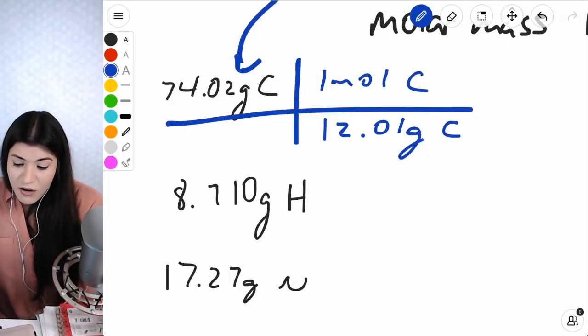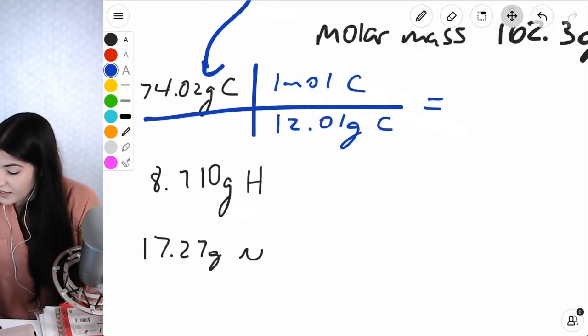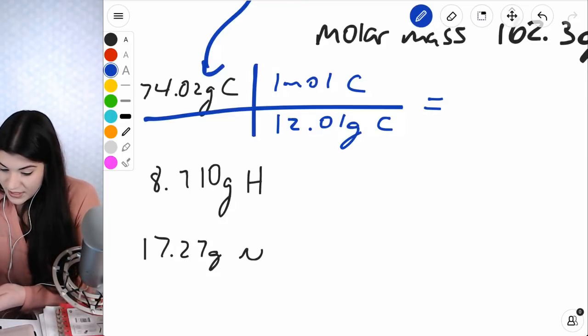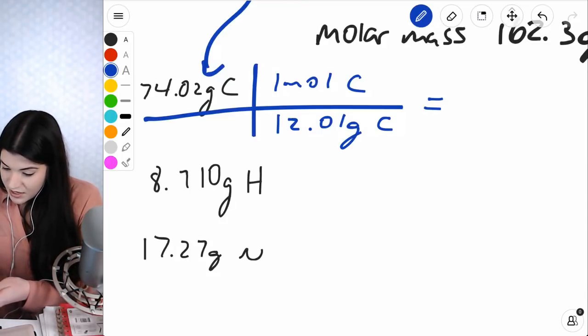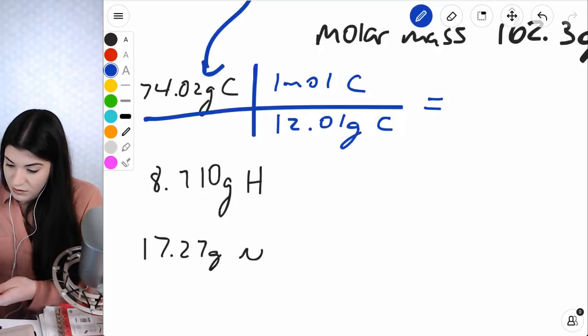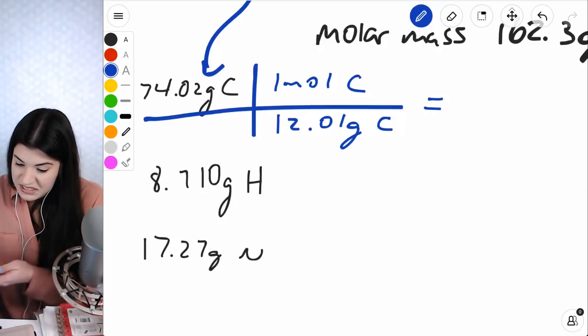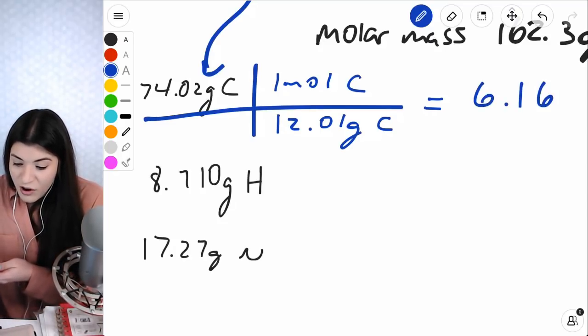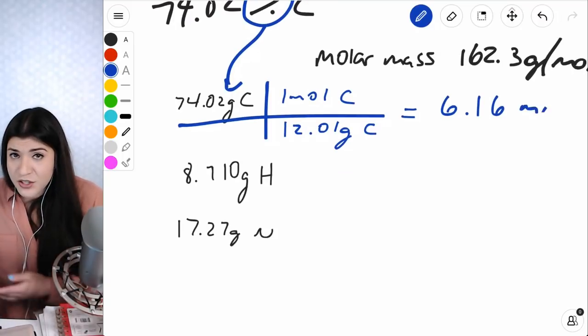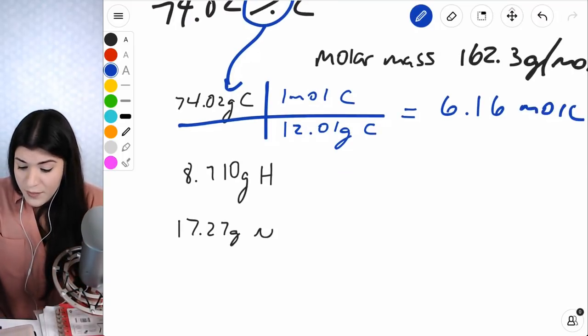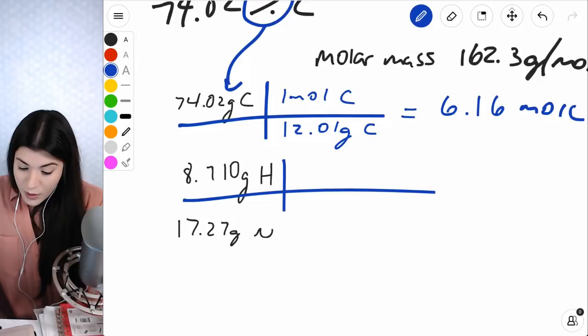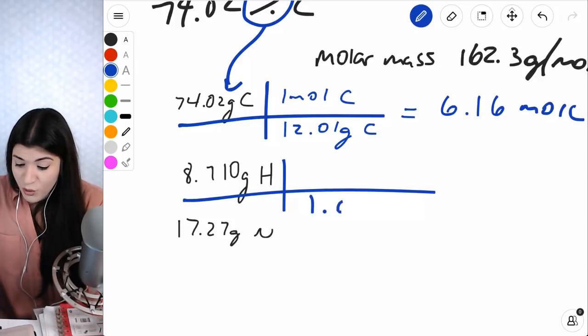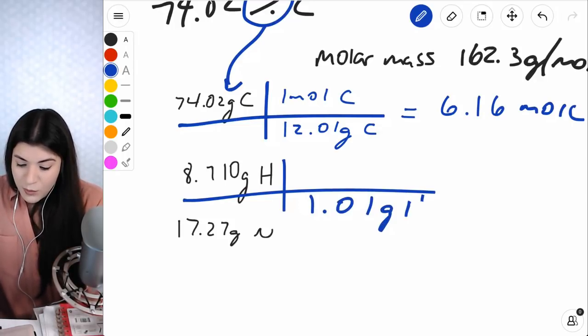From here, I'll just divide: 74.02 divided by 12.01 is roughly 6.16 moles of carbon. I'll do the same thing with everything else, just converting them to moles as our first step. This would be 1.01 for hydrogen, the molar mass of hydrogen, and on top 1 mole.